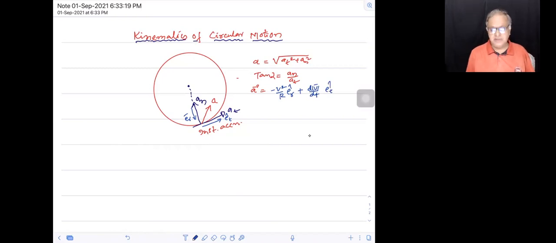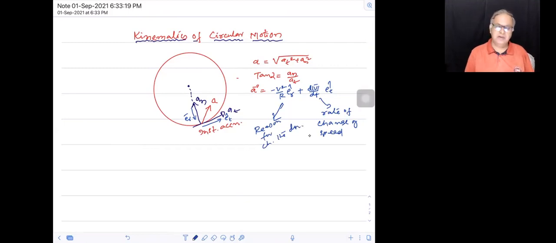So this itself says that this V square by R is towards center, and this is only the rate of change of speed. And this is the normal acceleration or the centripetal acceleration, which is the reason for changing the direction of the particle motion.